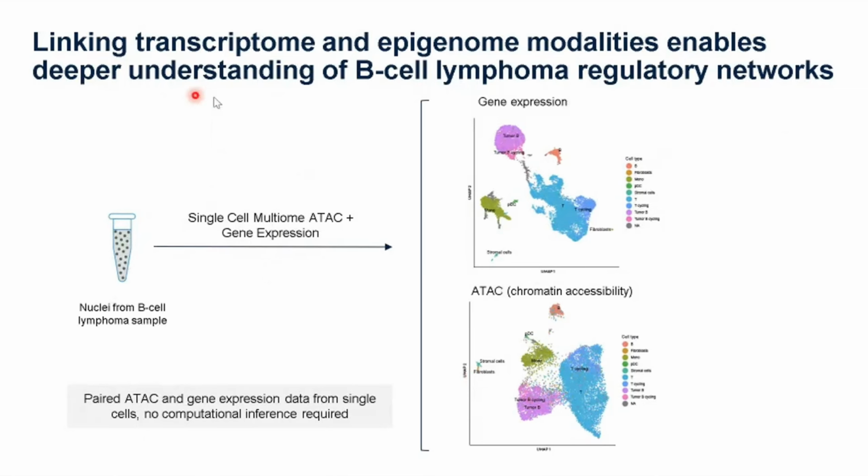The linking of transcriptome and epigenome modalities enables deeper understanding of the B-cell lymphoma regulatory network. The paired ATAC and gene expression data come from single cells and no computational inference is required.